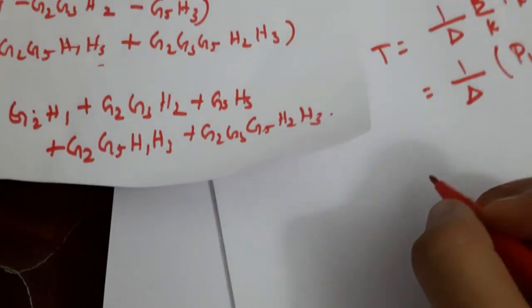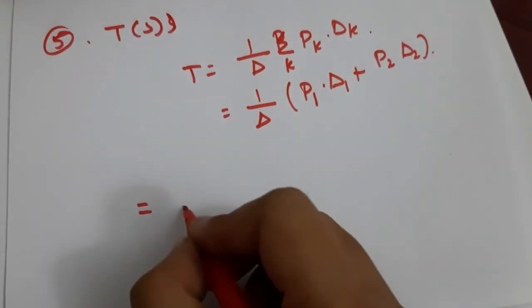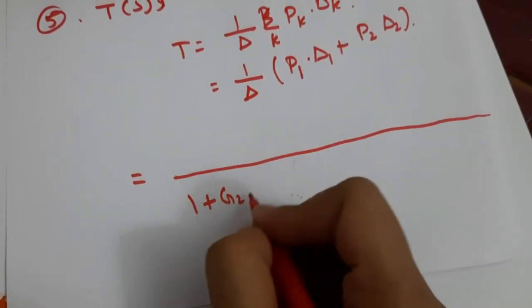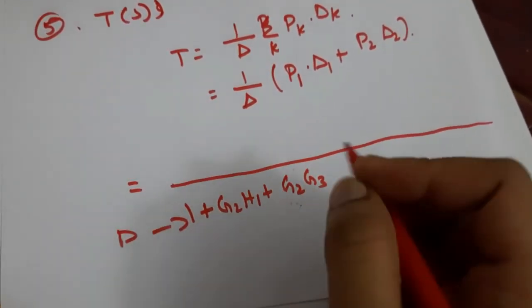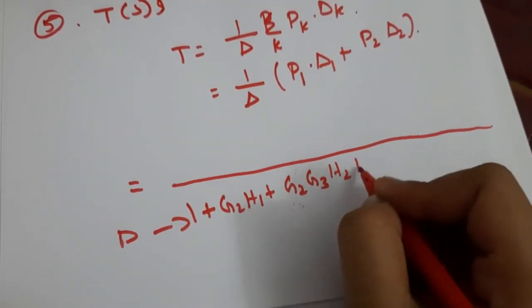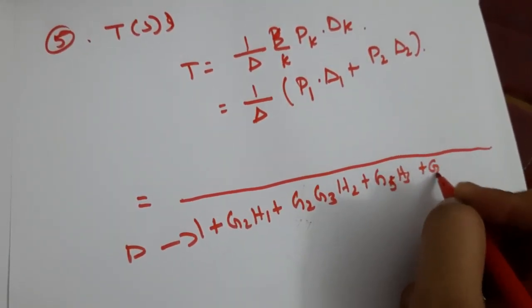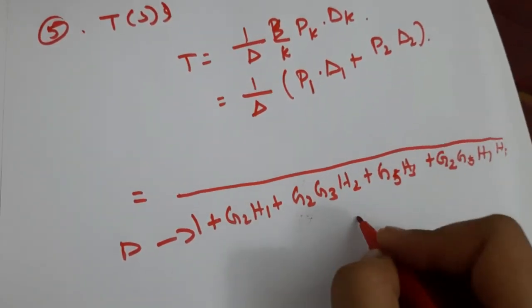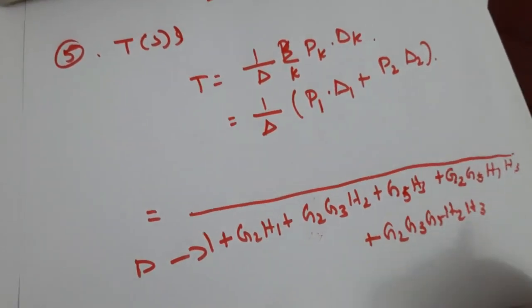So putting that value, it is the division by 1 plus G2 H1 plus G2 G3 H2 plus G5 H3 plus G2 G5 H1 H3 plus G2 G3 G5 H2 H3, and this is the del value.